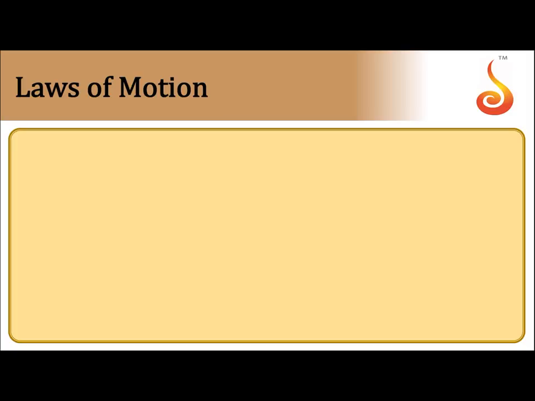Newton's laws of motion can be applied to arrive at various results. In most of the problems, we consider Newton's laws of motion along with something known as free body diagram. What is that free body diagram?